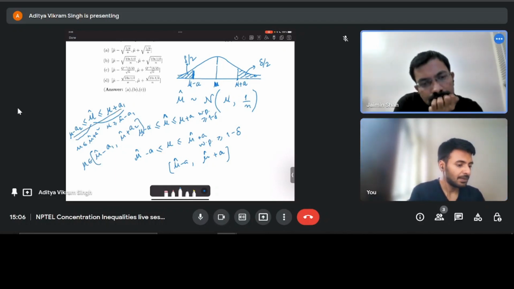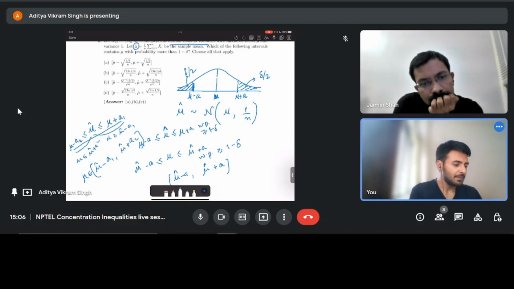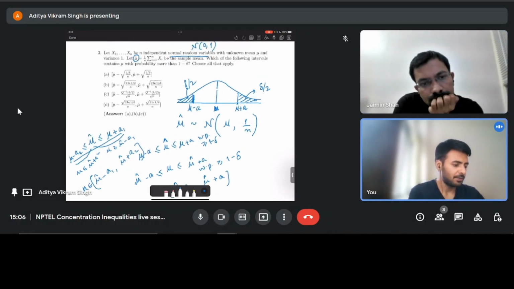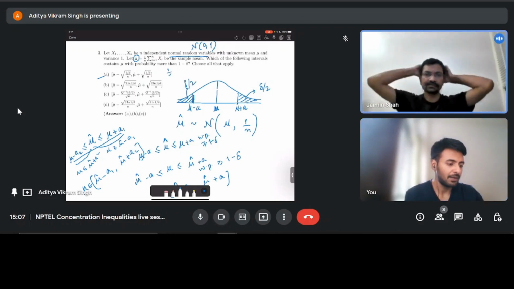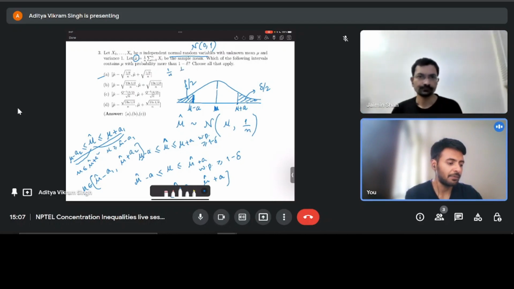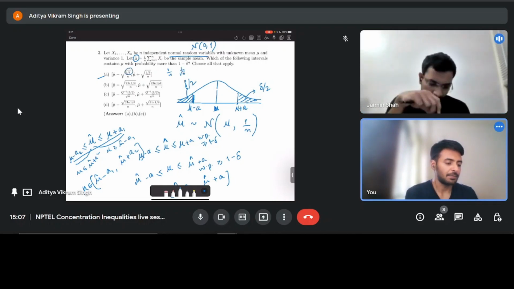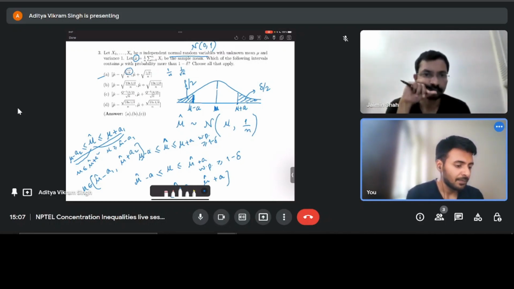Now you want a bound on this tail. The first answer is by Chebyshev's inequality. Because the variance is 1 by n, the standard deviation would be 1 by root n, and with 1 by delta error, that is by Chebyshev.